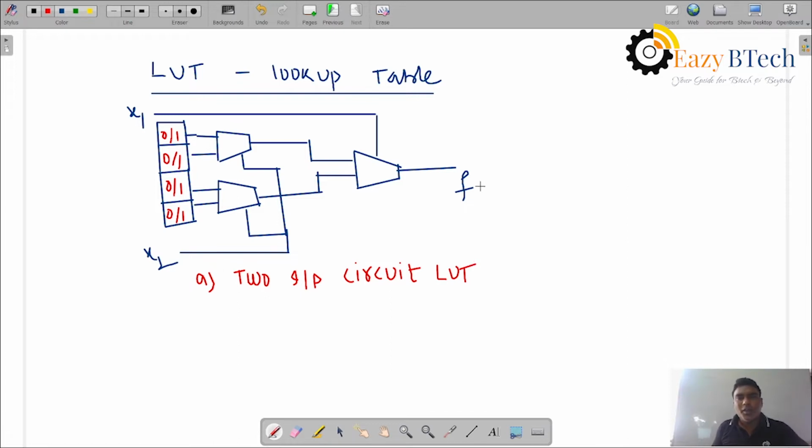X1, X2 are the inputs. F is the functional output.